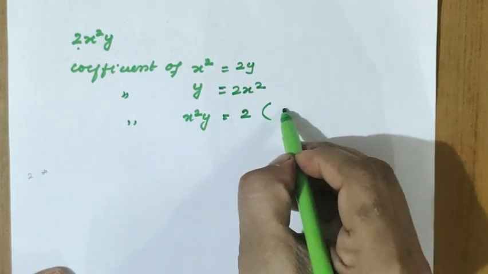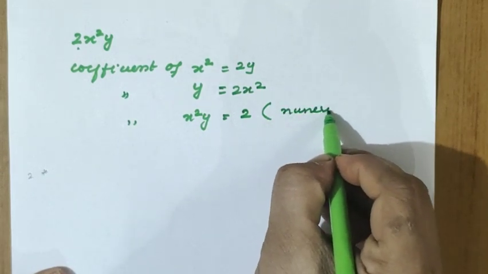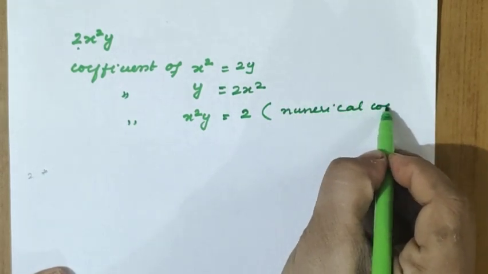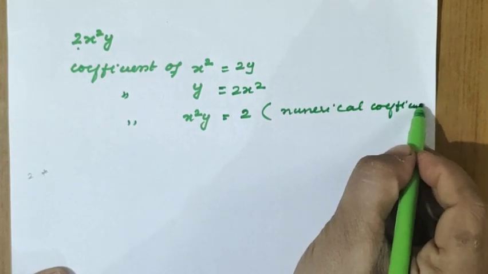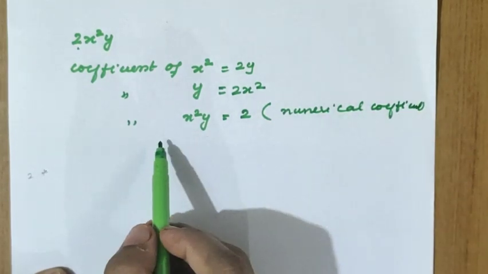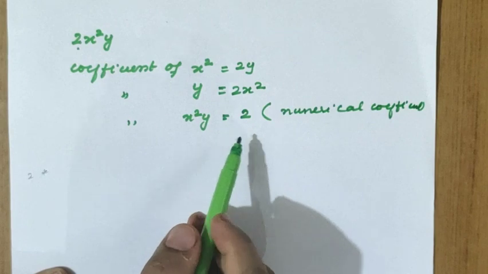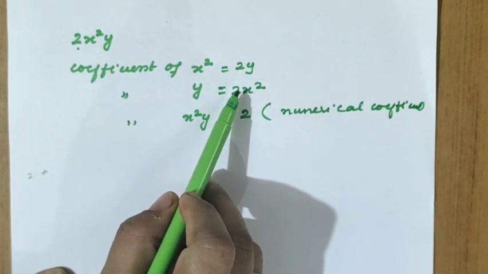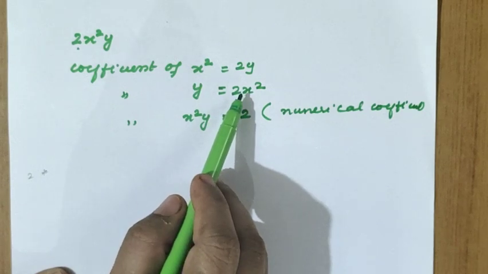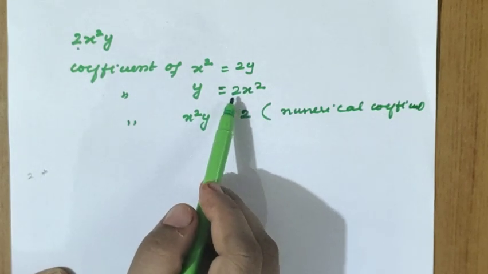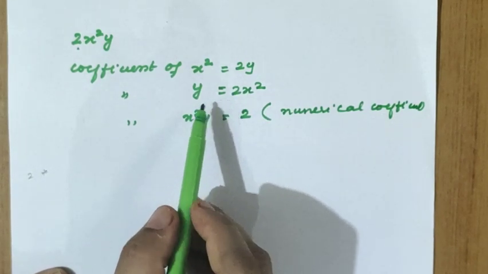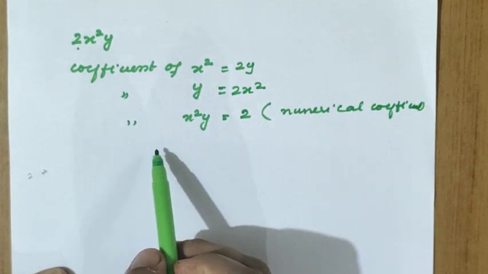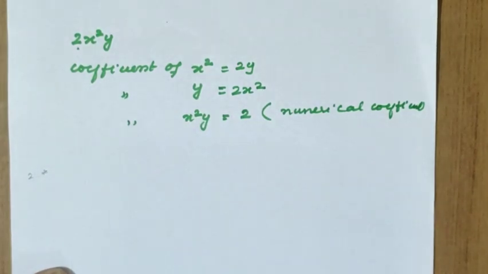This is called a numerical coefficient, right? So in a more general way we can see that the coefficient can be a numerical value, or the product of variables as well as numerical values. So the coefficient we are using in a different way here.